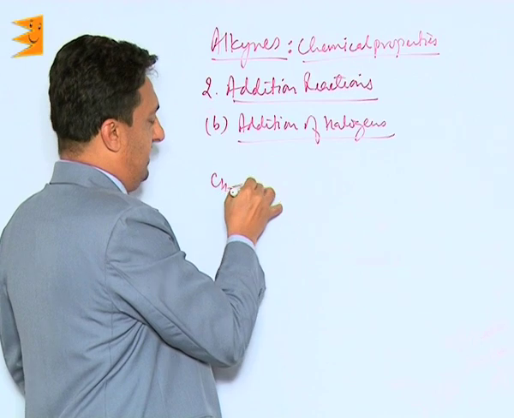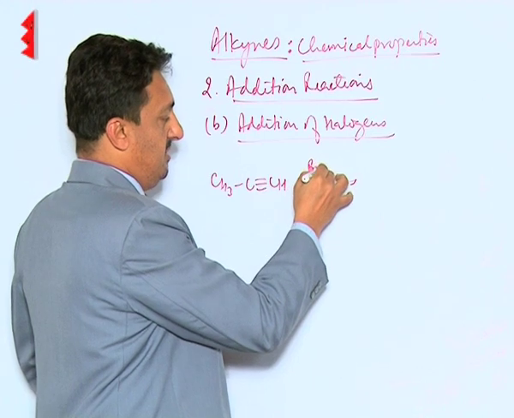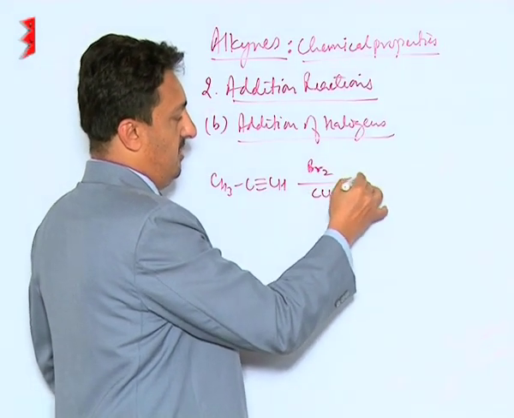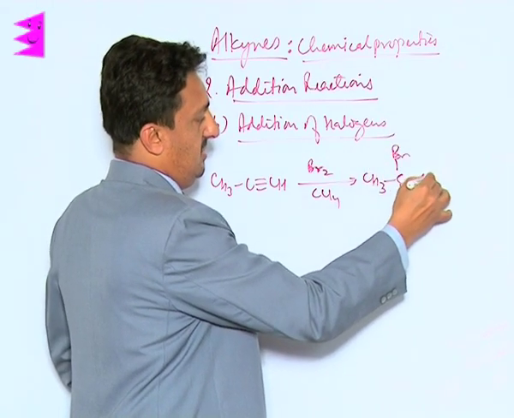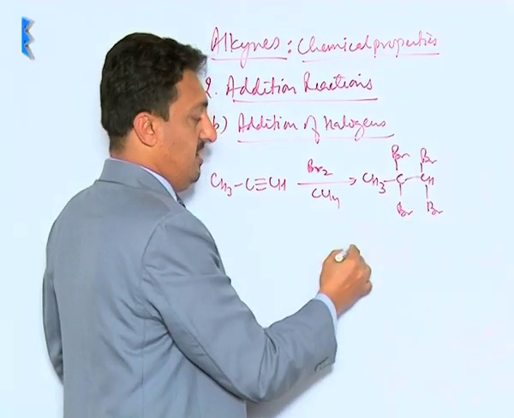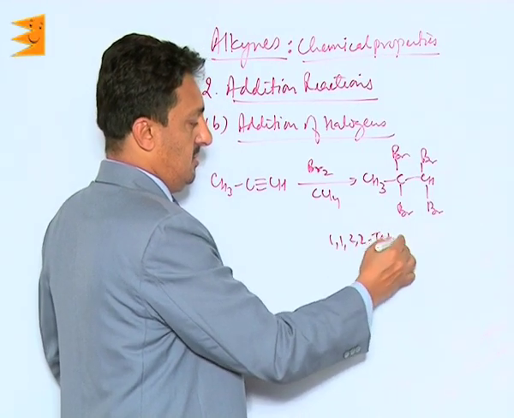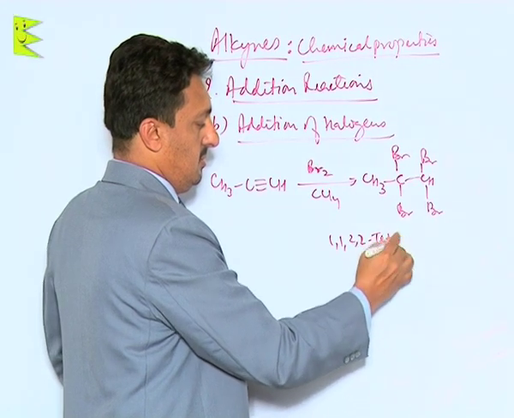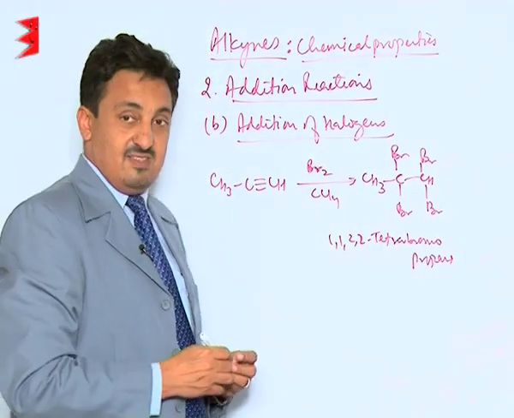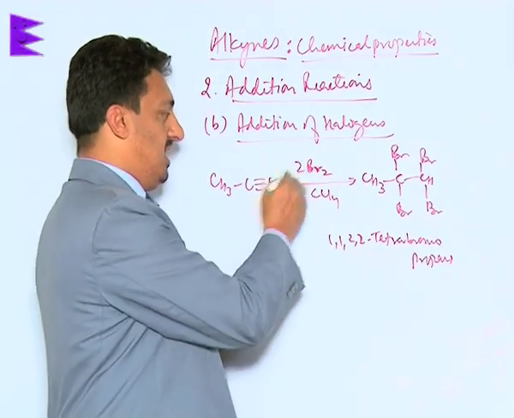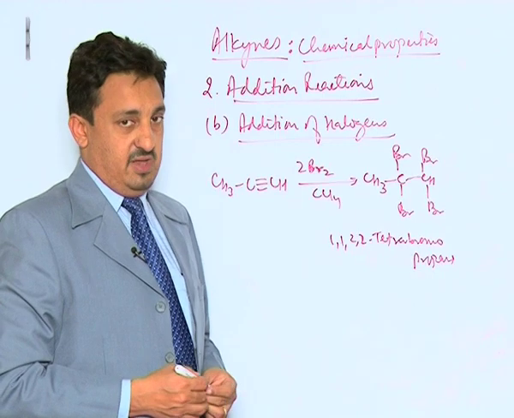See, if the halogens are added to any alkyne like this, like if we are taking bromine in CCl4, what we get is CBr2 CHBr2, so what we get is 1,1,2,2-tetrabromopropane. So 2 molecules of bromine actually are added to this alkyne, and the 1,1,2,2-tetrahalo products are obtained on addition.